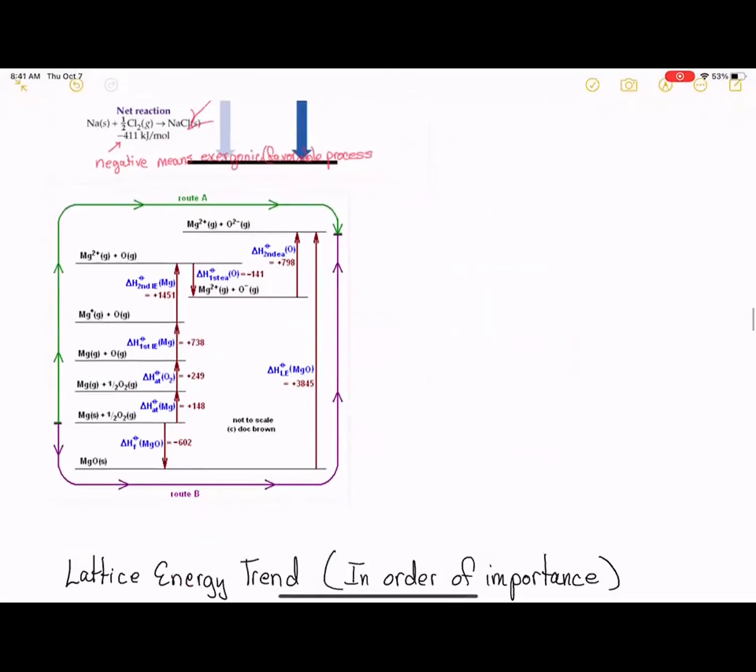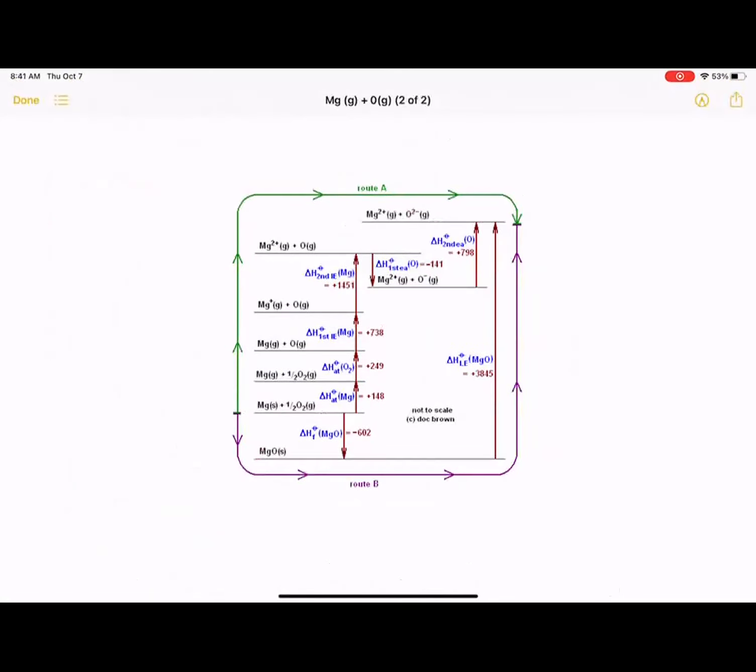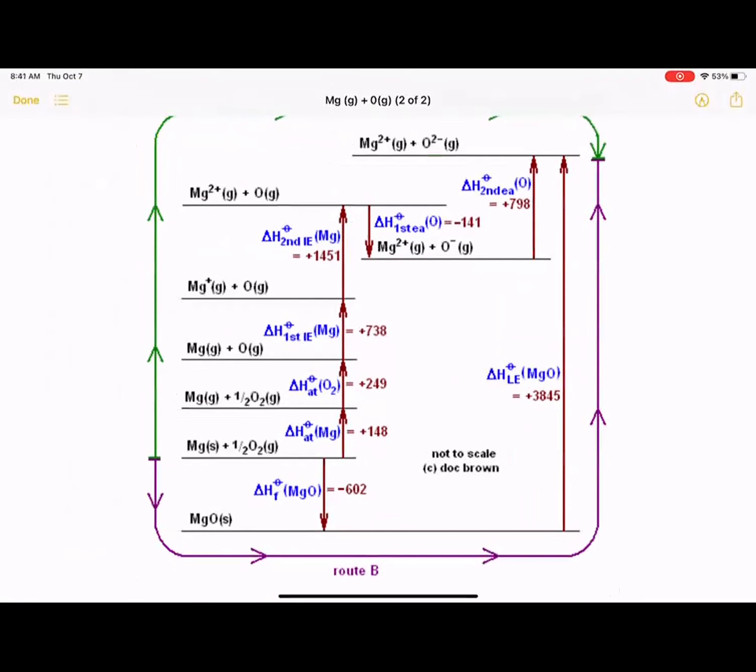Let's look at the next one. This is magnesium oxide. The first thing that was done is the magnesium was converted from a solid into a gas.